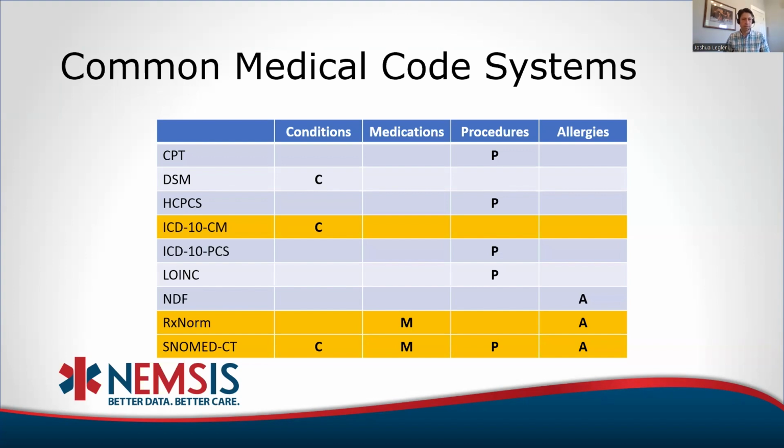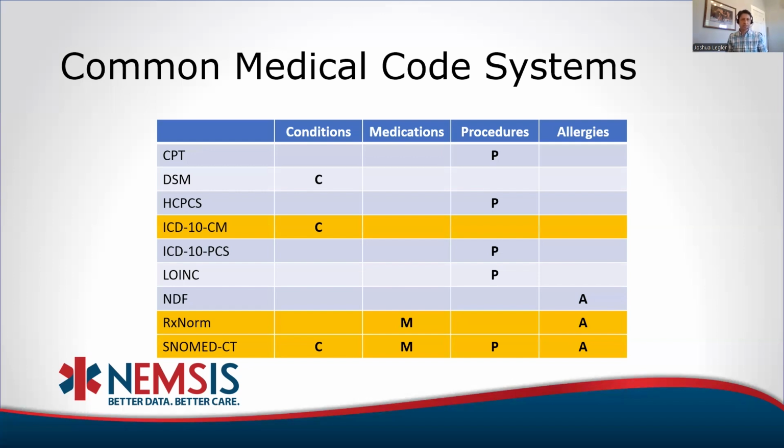We're not going to cover that one today, but we are going to look at ICD-10 CM, which is used for conditions, diagnoses, impressions, symptoms, things like that. We're also going to look at RxNorm, which is used for medications and also for allergies, specifically allergies to medications. And then what do you notice about SNOMED CT here?